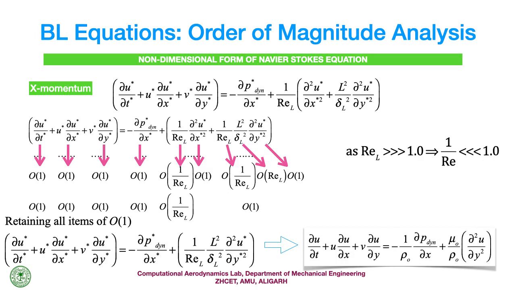And since the derivative del 2 u star by del x star square has only star values, it will again be of the order of 1.